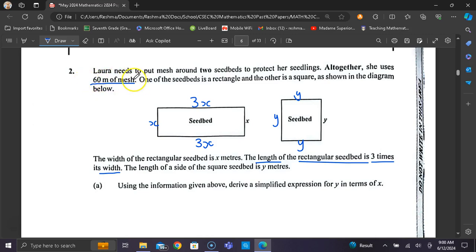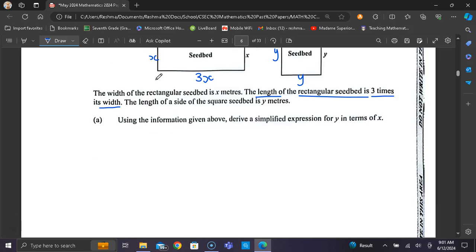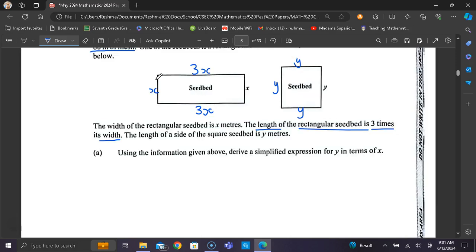So that 60 meters of mesh actually represents the total perimeter of both seedbeds, right? Because the mesh has to go around the rectangle and the square together. So therefore the perimeter of the rectangle plus the perimeter of the square together will be equal to 60 meters in total.